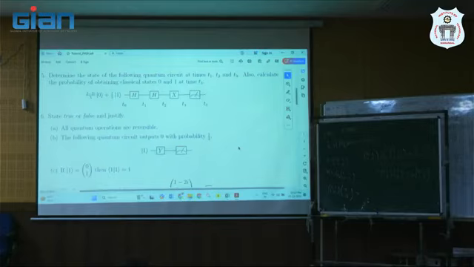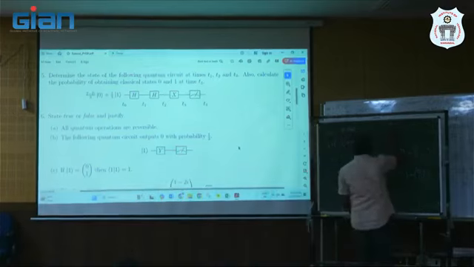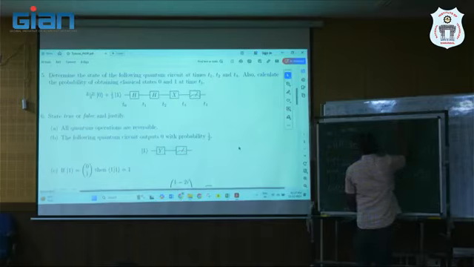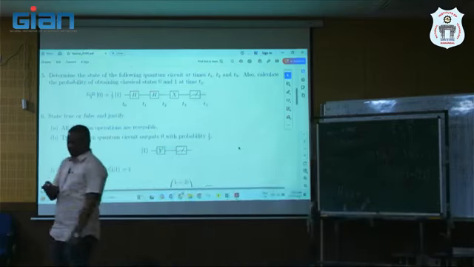But this AND gate, what is the AND operation? We remember the input. Is it a quantum gate?